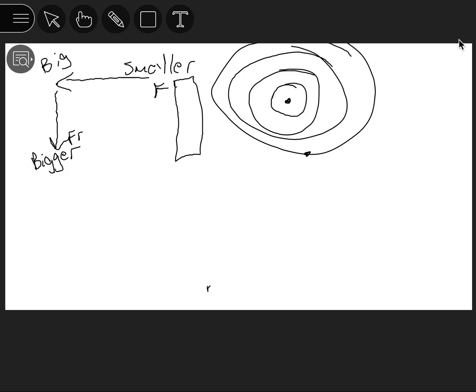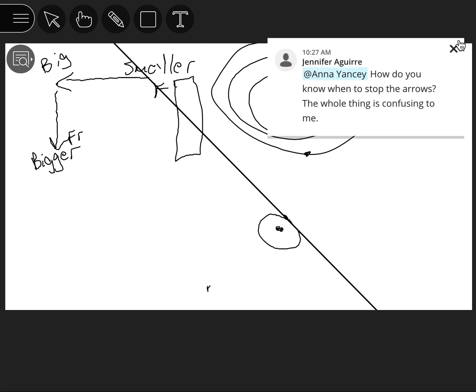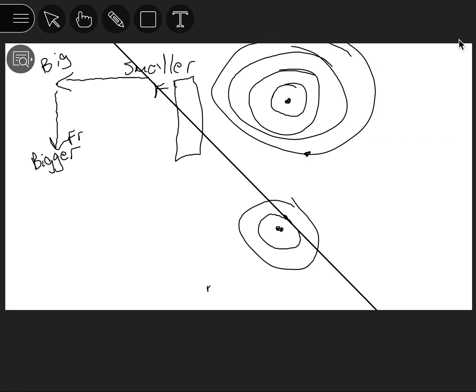But fluorine is small, so it has a nucleus, and then it has many fewer orbitals compared to francium. And so the electrons are a lot closer to the nucleus. They're much more difficult to pull off.